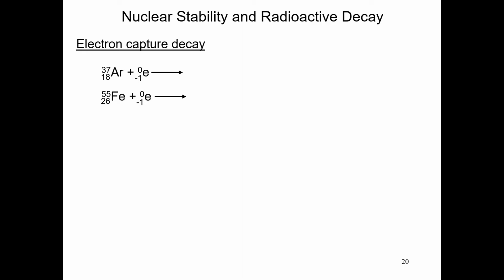All right, so that is what is happening here. A nucleus of an unstable isotope is capturing an electron from its own inner orbital and bringing it into the nucleus to generate a new nuclei. Now look at the equation there, and again, I am using the E when I represent electron capture, and I'm saving the Greek letter beta for the beta particles that are released during radioactive decay events.